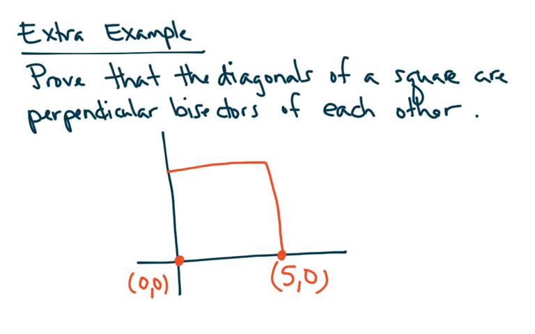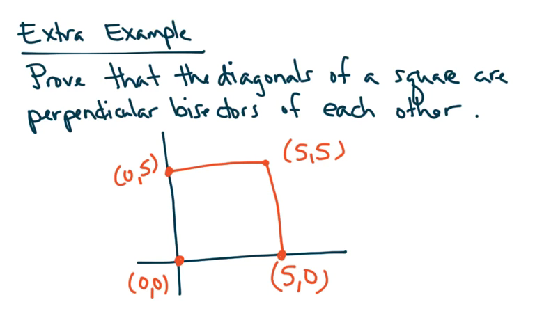That means that all the sides of the square are 5. That means this must be at (0, 5), and this must be at (5, 5). I could have done this with any number. I could have used 2, in which case this would have been (2, 2), (2, 0), (0, 2). But we're just going to use 5 just because it seemed like a good number.